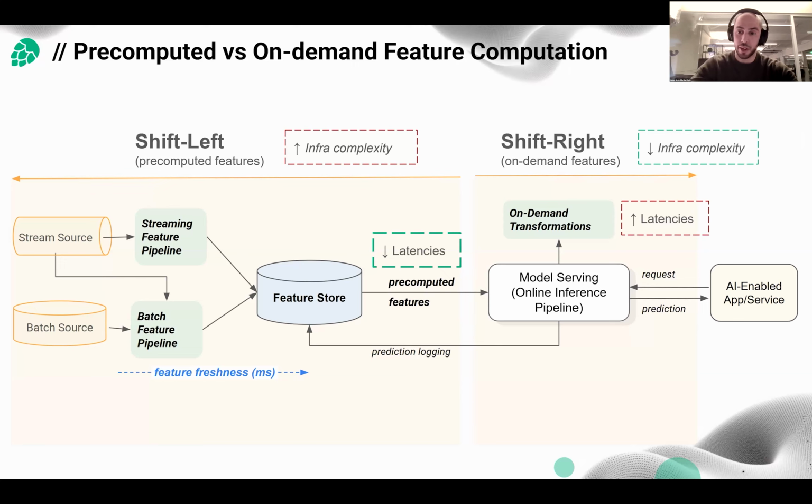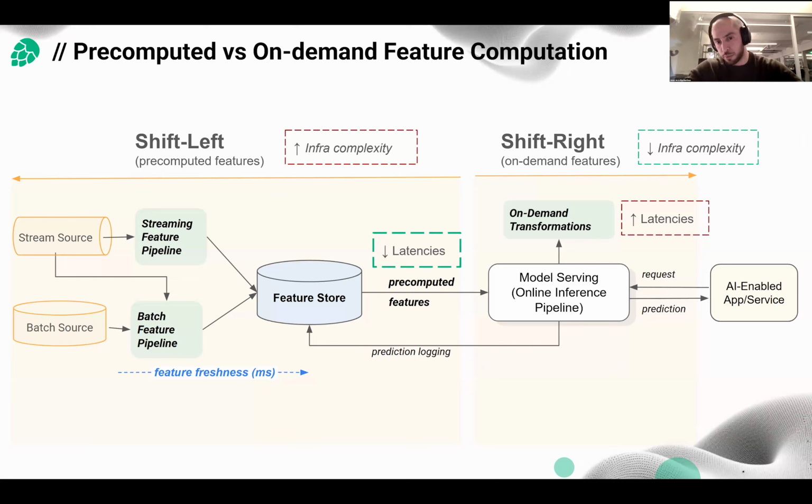If all the information comes in the request, then you may be able to run this feature computation on the right and get rid of the stream processing engine. This means less complexity in the infrastructure, but it can, on the contrary, add more latency to the responses we send back to the AI-enabled service.